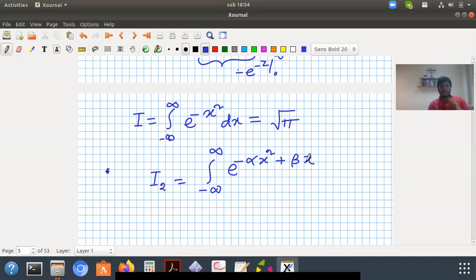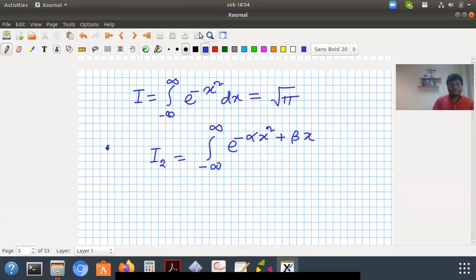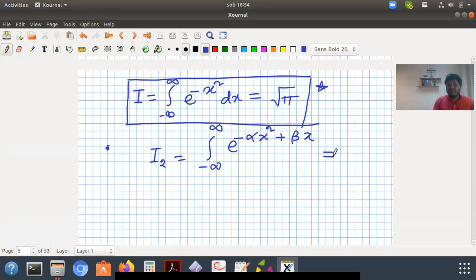Now I have to show you how I can use the identity I derived here to calculate this integration.